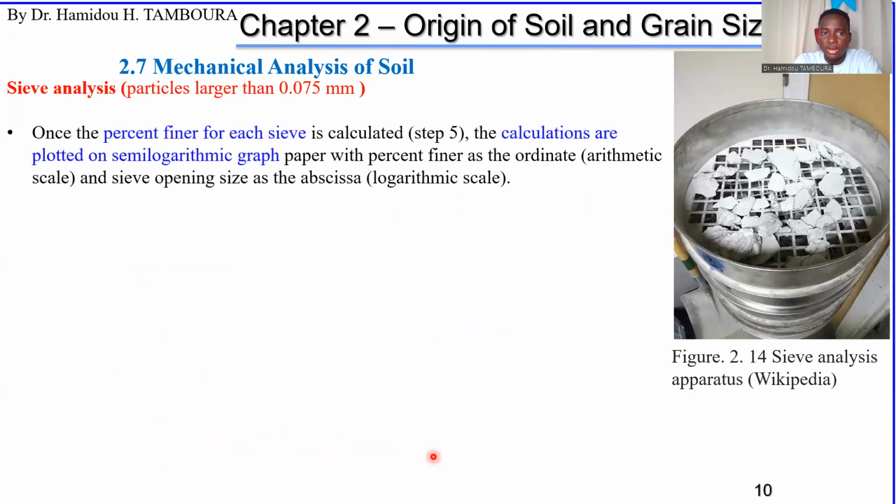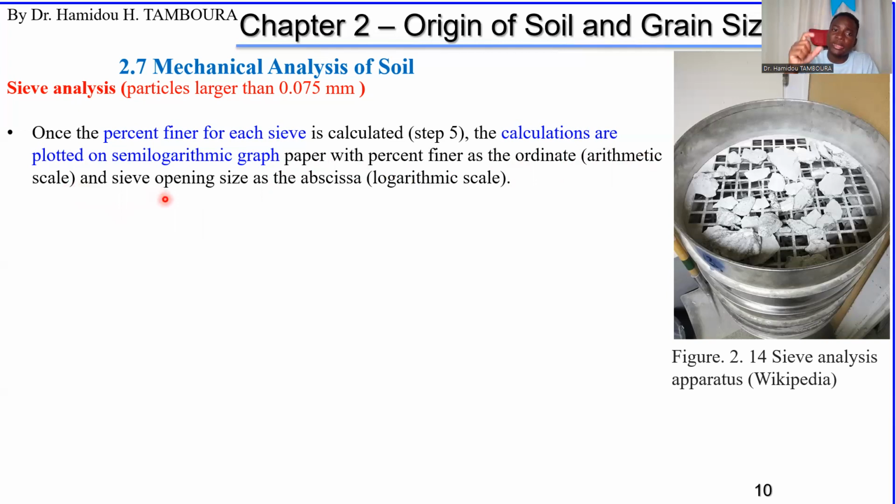Once the percentage finer for each sieve, finer meaning the percentage of soil passing the sieve, is calculated as in step number 5 on the previous slide, we can use it to plot a semi-logarithmic graph with percentage finer on the y-axis, the ordinate, in arithmetic scale.